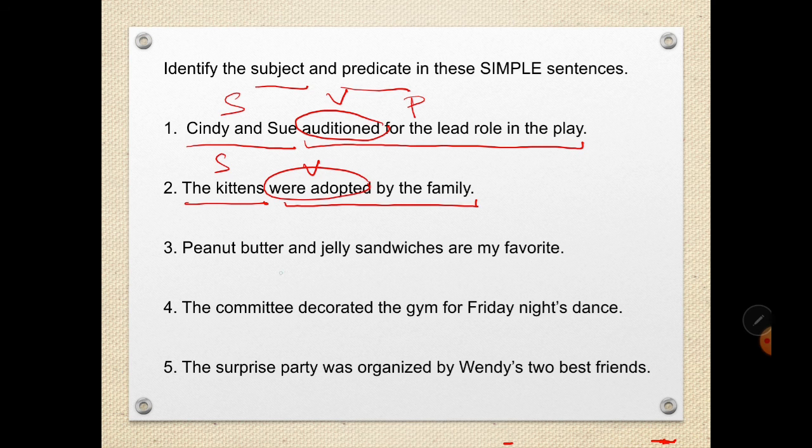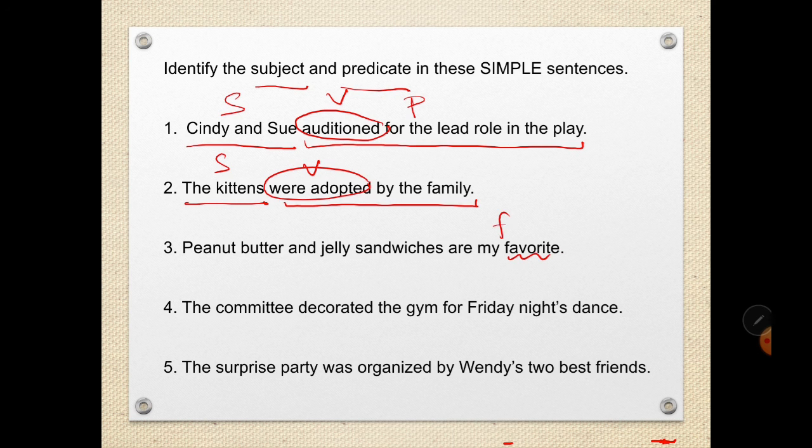And number 3, peanut butter and jelly sandwiches are my favorite. Before we move on, pardon me with the spelling. This is an American spelling.